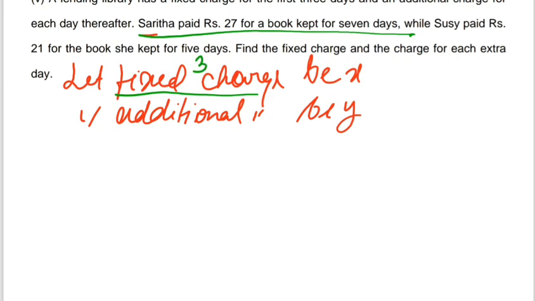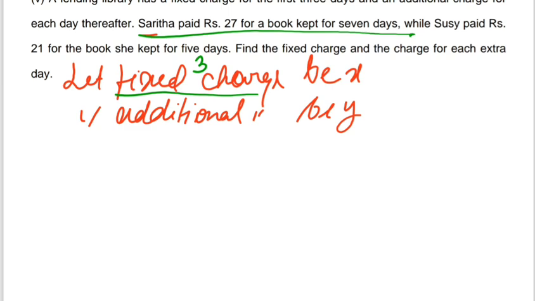So for the first 3 days there is a fixed charge and the extra days are additional charges. There are 7 days. We take the fixed charge for 3 days, and the remaining days are 4. So let the fixed charge be x.